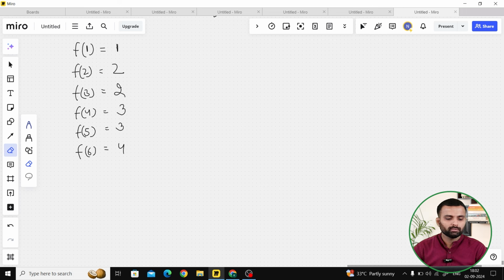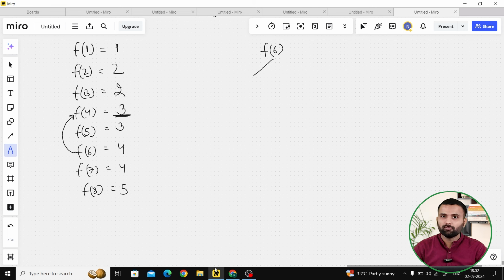Now what I want to tell you is, let's see the pattern in it. So let's take the example of f of 6, right? If you see here, this will be the same, right? And if you take f of 7, this will also be the same. If you take f of 8, it will be 5. So if you take this particular part, this will be 1 plus f of 4, right? What is f of 4? That's the pattern of it, right?